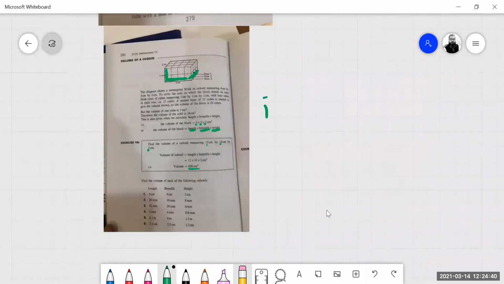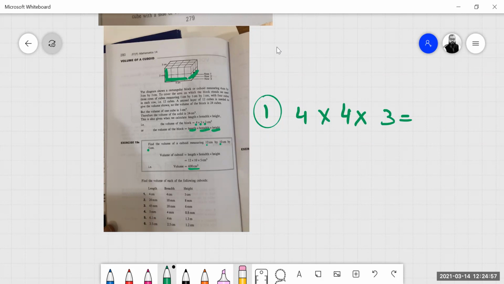Question number 1: 4 multiply 4 multiply 3. 4 multiply by 4, 16. 16 multiply by 3, 48. 48 centimeter cube is the answer.